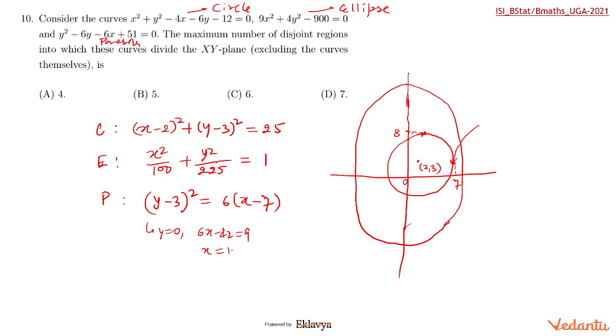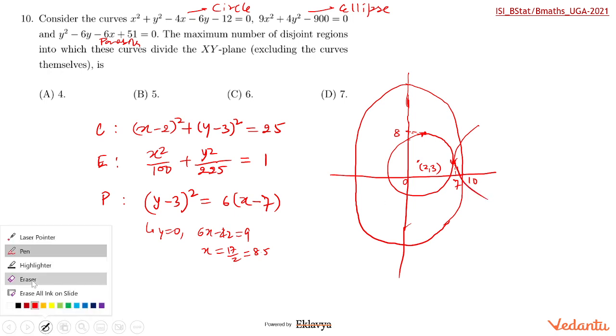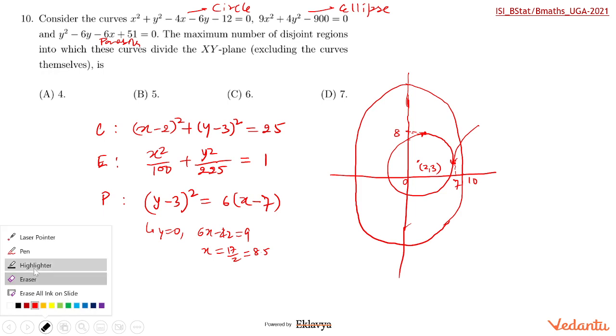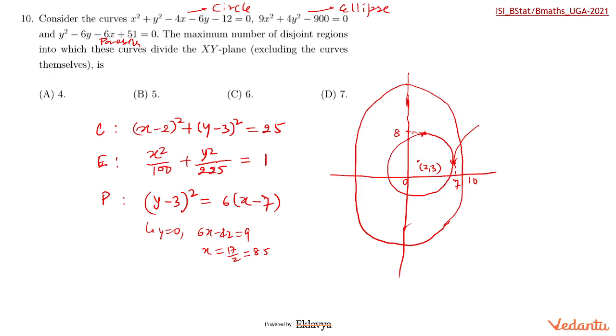So x is 51 by 6, that is 17 by 2, 8.5. So 8.5, so it's like this, it is 10 now. So the ellipse will go like this. So the situation is somewhat like this.